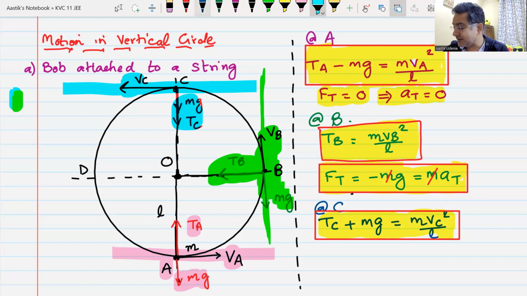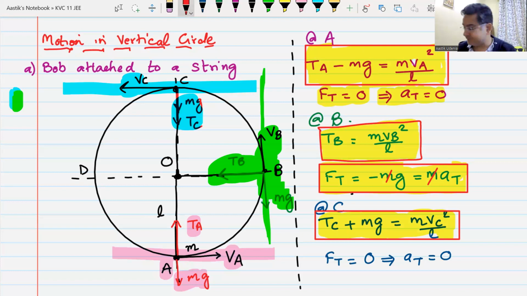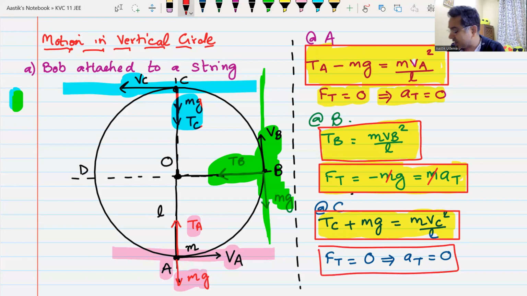That means the tangential force is 0, which implies the tangential acceleration is also 0. So that is the equation that I get at point C.